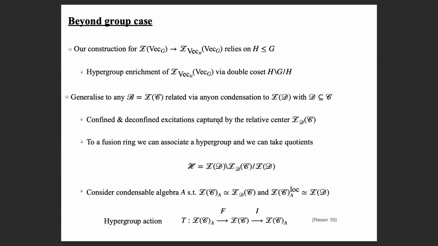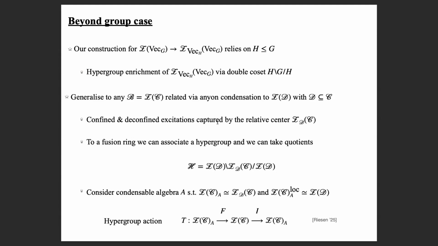So we expect that this construction can actually be generalized to more general patterns of anyon condensations, where you start with the center of C, and you condense to something that has deconfined excitations described by the center of D, where D is a fusion subcategory of C. And then again, the confined and deconfined excitations will be captured by this relative center of D in C. And to these fusion rings, we can associate a hypergroup, and then we can take the quotient, and this will be a hypergroup that enriches this relative center.